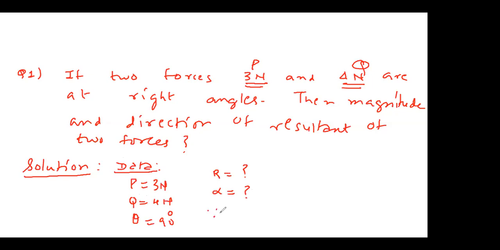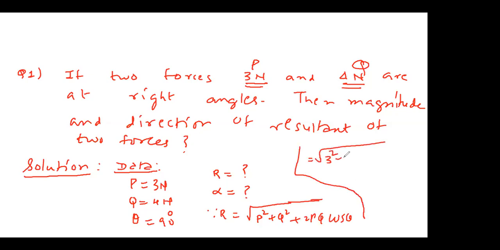The formula for resultant, from last class, is root of p square plus q square plus 2pq cos theta. That equals root of 3 square plus 4 square plus 2 into 3 into 4 into cos 90. That becomes 9 plus 16 plus 24 into cos 90, which is 0. So that becomes root of 25, which equals 5 Newton.